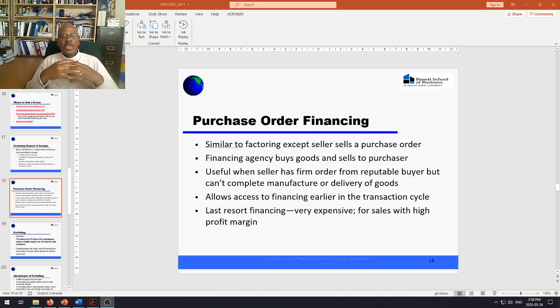So instead of struggling to do that, the seller will sell the purchase order to this financing house, and the financing house will be the one to complete the manufacturing and send the order and sell the goods over to the purchaser. So that's what the financing agency does. They buy the order themselves and they arrange to complete the manufacturing and to sell it to the purchaser.